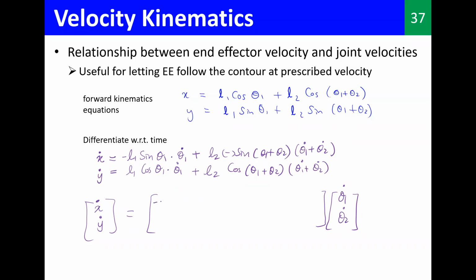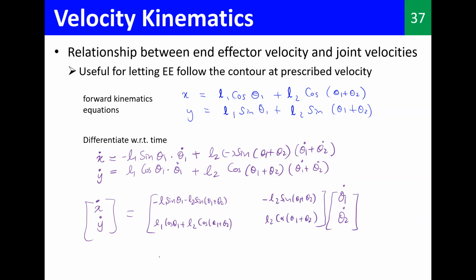So first we will have L1 sine theta 1 minus L2 sine theta 1 plus theta 2, L1 cos theta 1 plus L2 cos theta 1 plus theta 2. Here we have L2 sine theta 1 plus theta 2, L2 cos theta 1 plus theta 2, right?